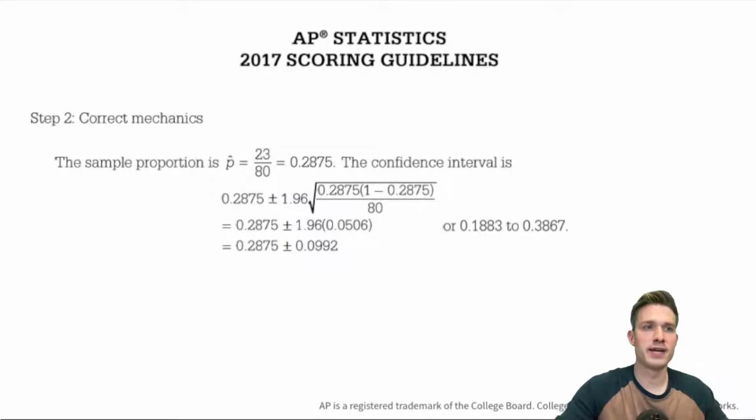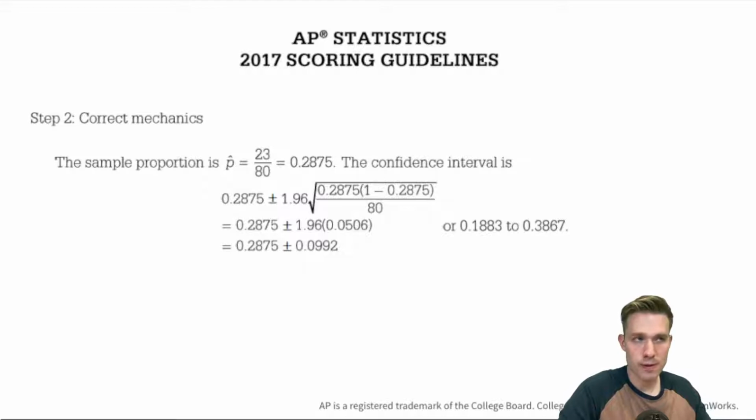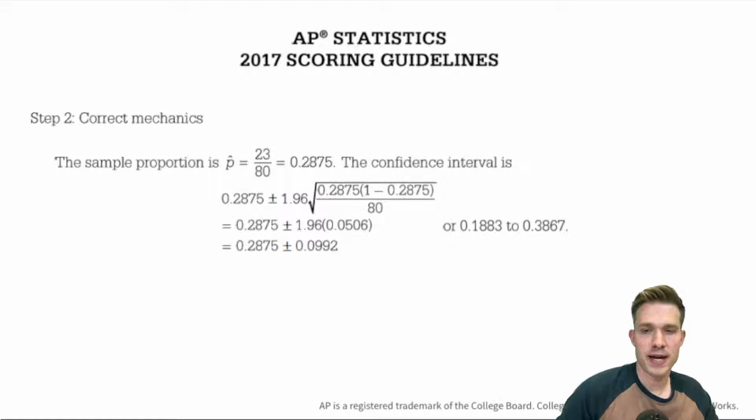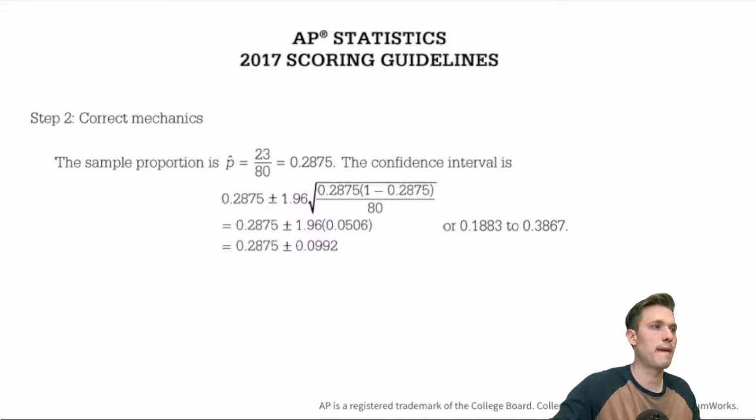We did need to report the correct sample proportion, the Z critical value, the standard error, the margin of error, all of which is given to us on the calculator. But for this scoring guide, supporting work was not required; if it was provided, it had to be correct. So just giving my p hat and my interval at the end was all that was needed. But if you do show work, you have to make sure that work is correct.